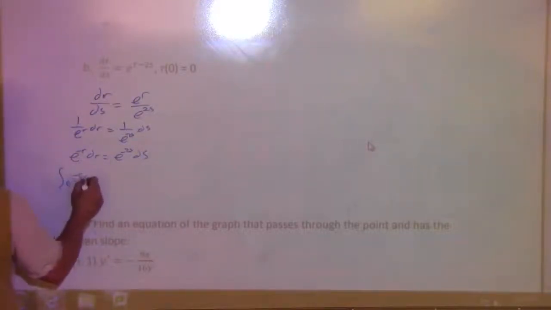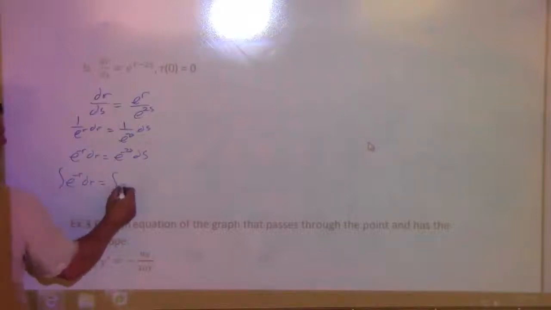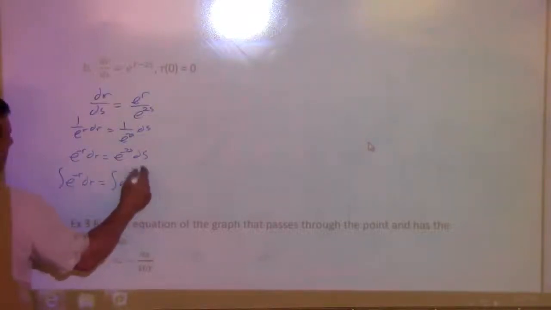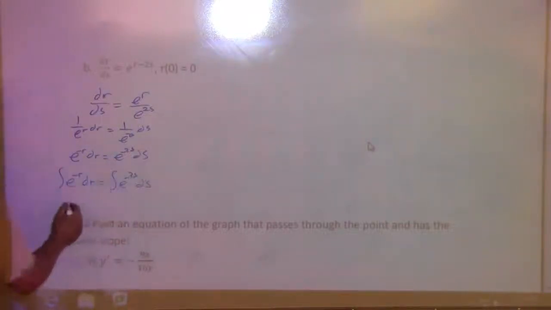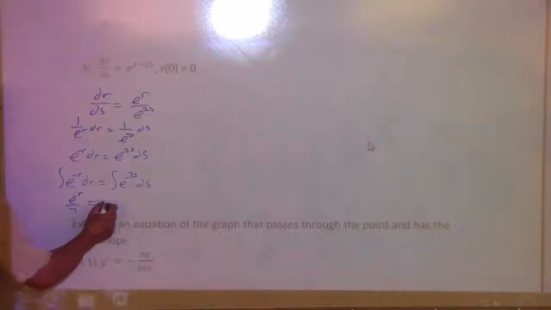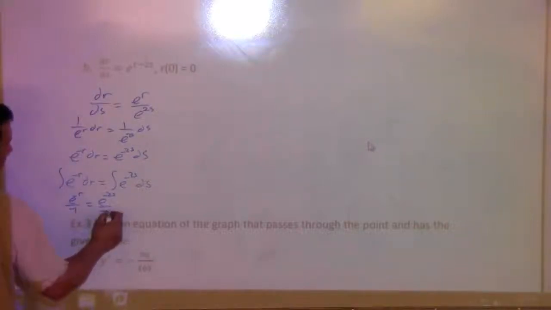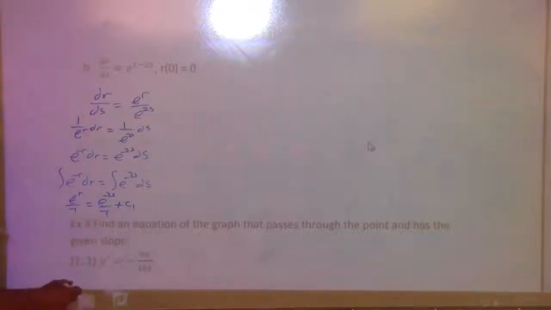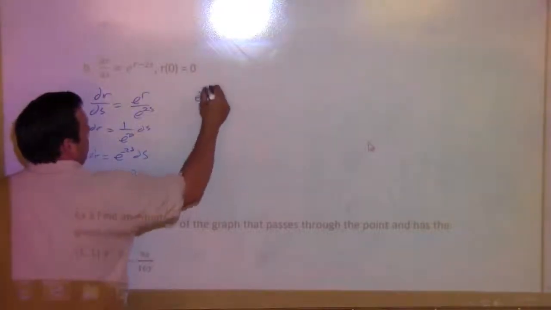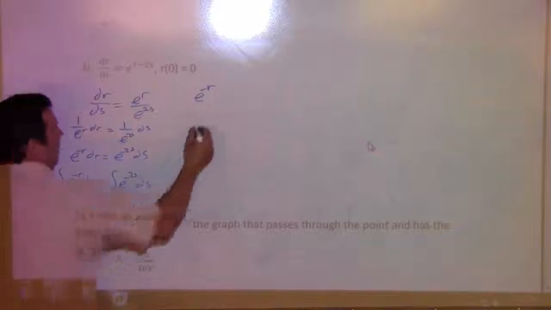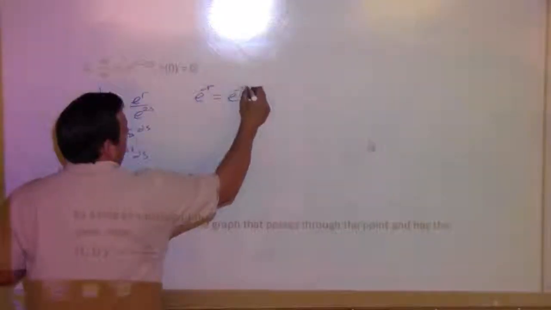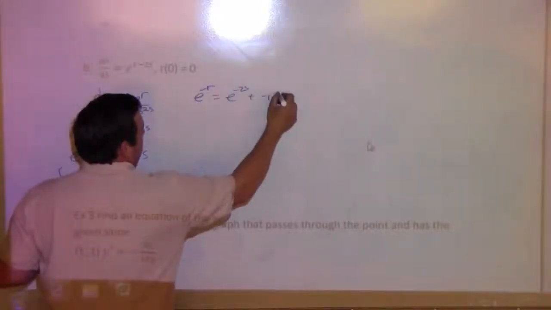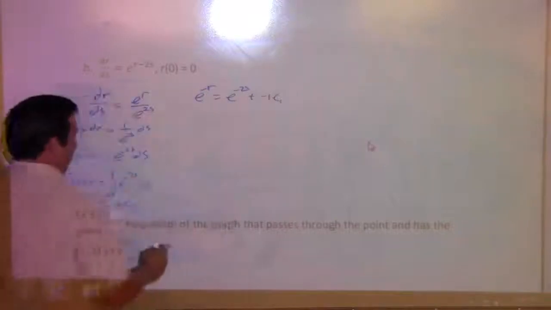Integral of e to the negative r dr is integral of e to the negative 2s ds. Integrate that, you have e to the negative r over negative 1 equals e to the negative 2s over negative 1 plus some constant c1. So e to the negative r equals e to the negative 2s plus negative 1 times c1.